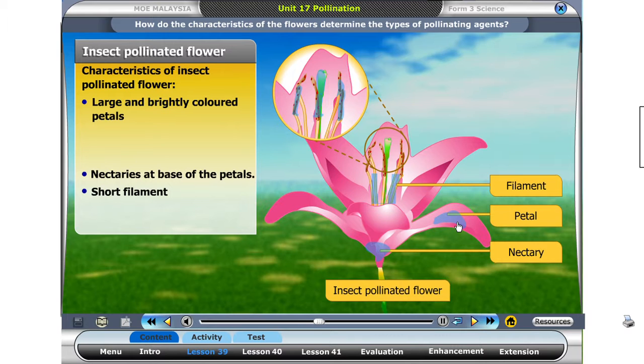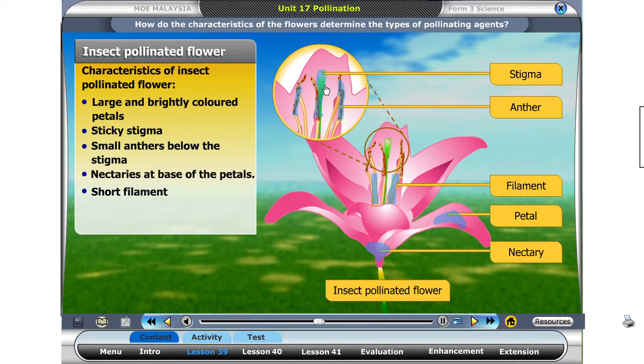The anthers are small and located below the stigma. The stigma is sticky. Small amounts of large-sized pollen grains are produced.